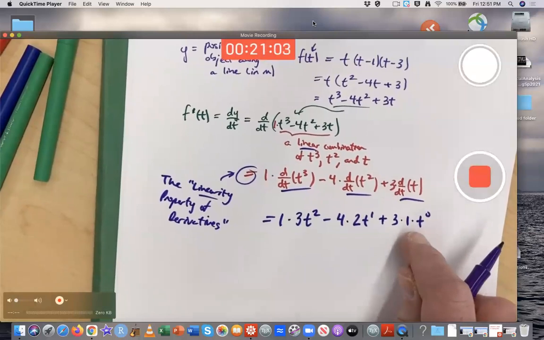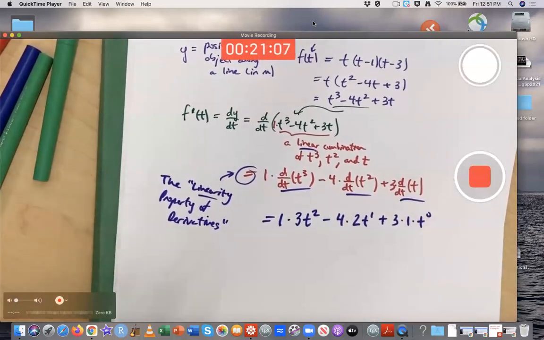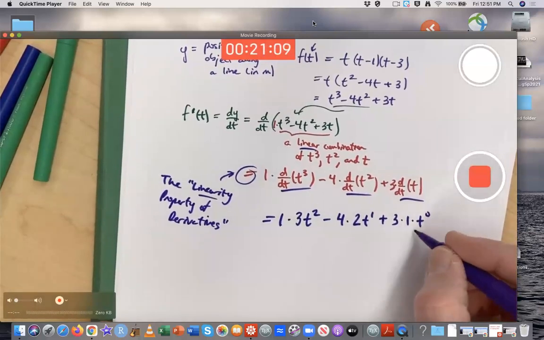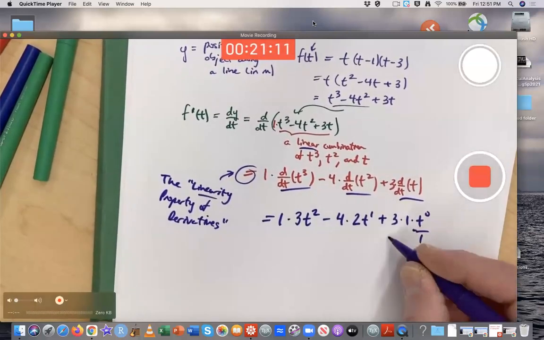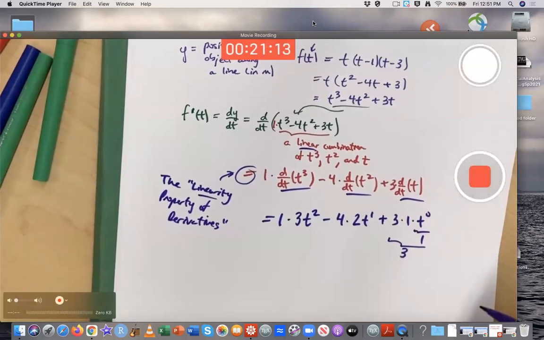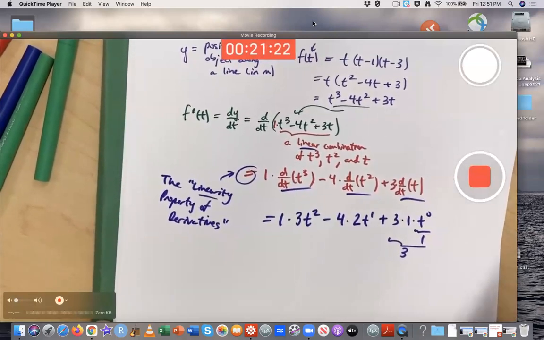Technically, 0 to the 0 power is undefined. But we don't worry about that little technicality here. We treat this as a 1, and therefore this entire thing is a 3. It works. This does give the right answer.